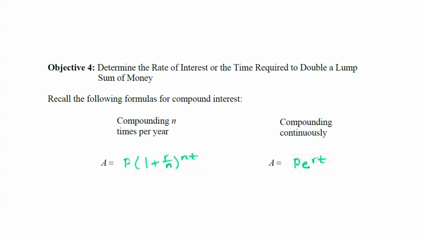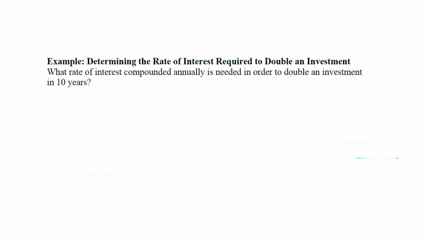So what rate of interest compounded annually is needed in order to double an investment in 10 years? We know that n equals 1 because it says compounding annually, and we want to double in 10 years, so t equals 10.